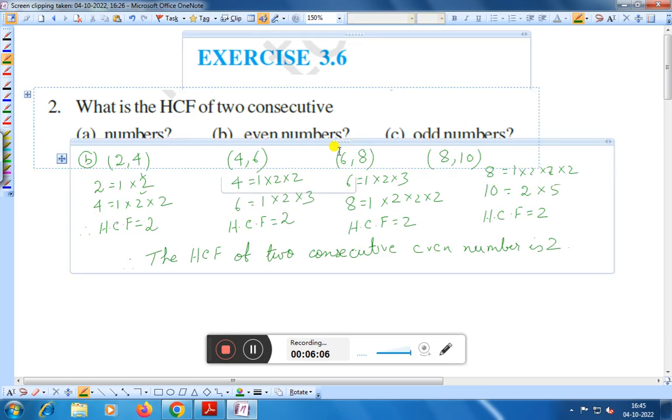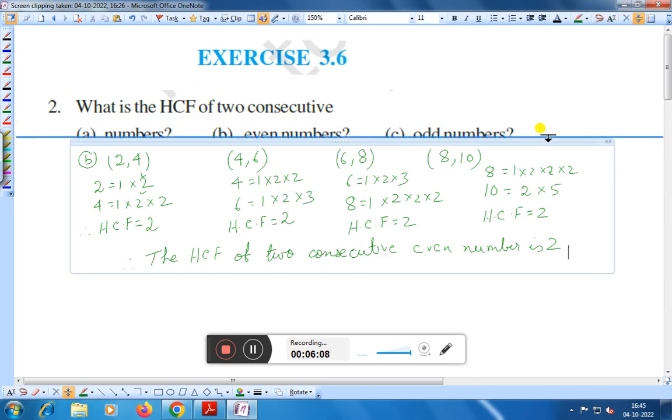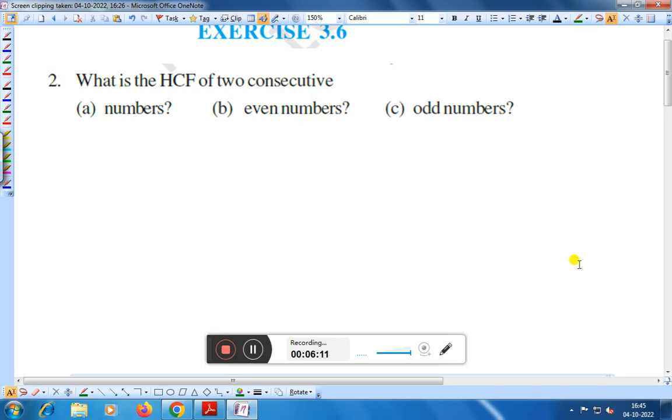Next, we'll solve question number C. In question number C, what is the HCF of two consecutive odd numbers? Let us take the example of odd numbers. Two consecutive odd numbers: 1, 3, and next is 3, 5.